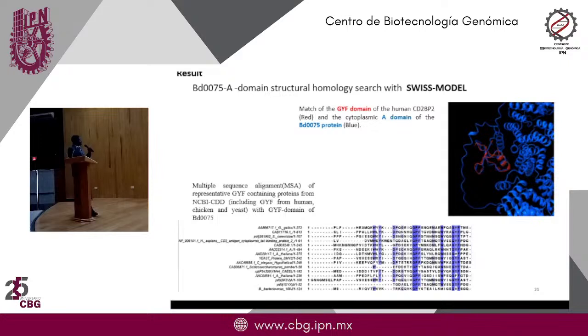When we overlap the GYF domain structurally with the A domain, we find this structural resemblance. So this GYF domain of the human CD2 binding protein structurally resembles the A fold of BD0075.